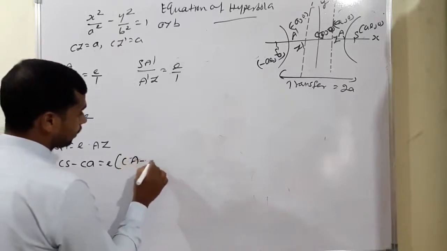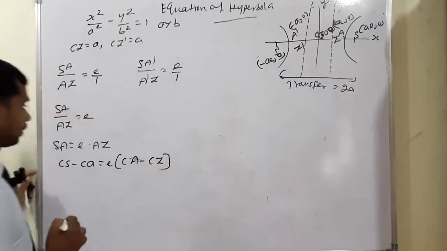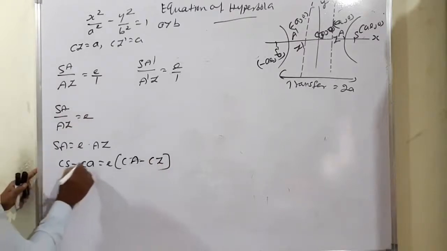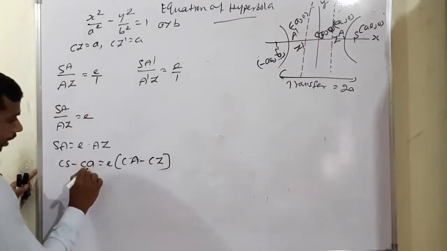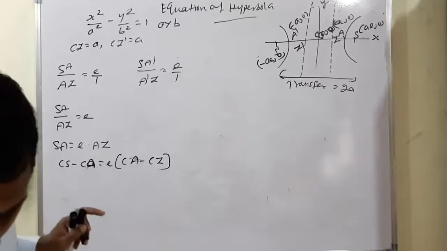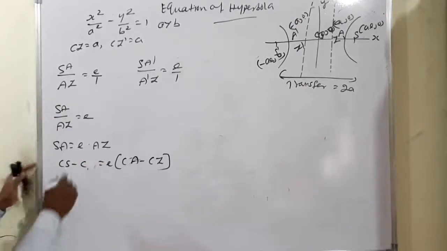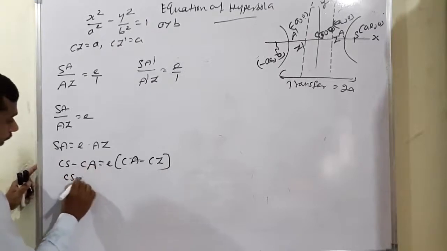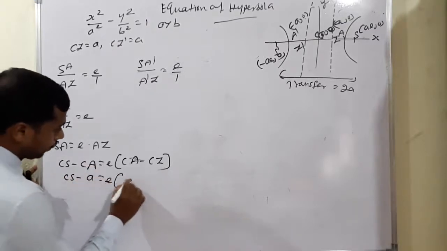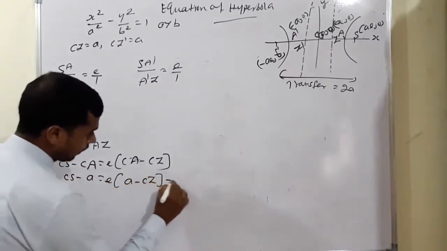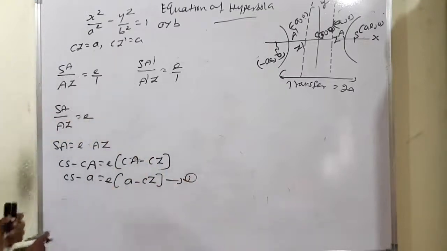We already know CA is A. Therefore, CS minus A is equal to E into A minus CZ. This is equation number 1.